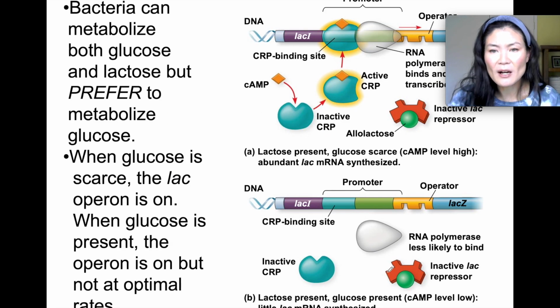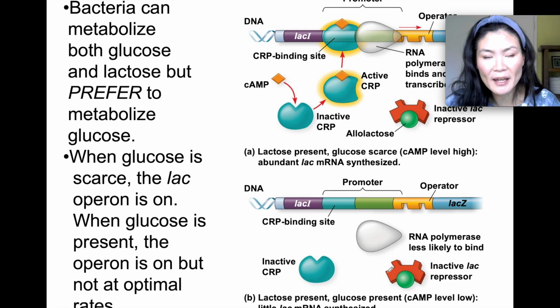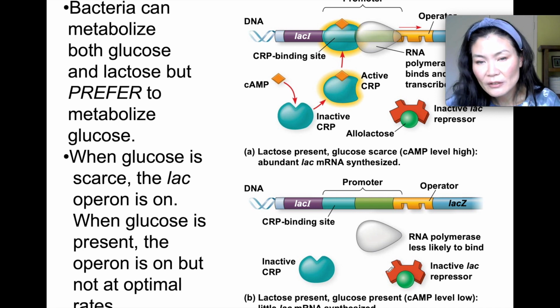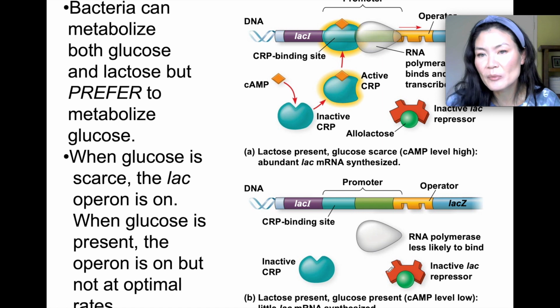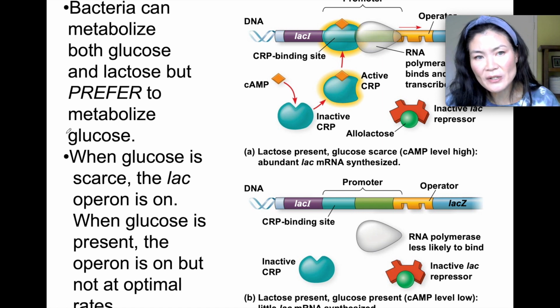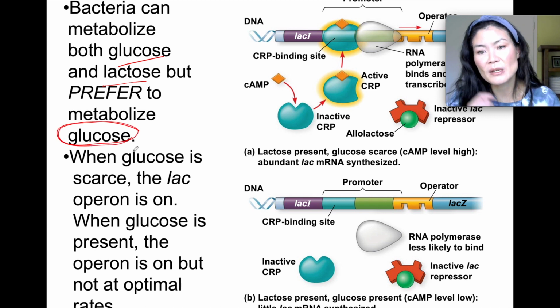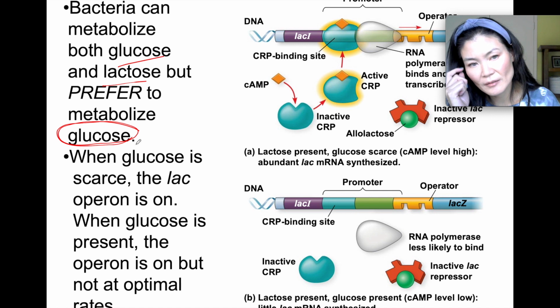Also, bacteria can digest and utilize lactose. However, the preferable source of food is actually glucose. So bacteria can metabolize both glucose and lactose, but if both are around, they will prefer for glucose to be metabolized.